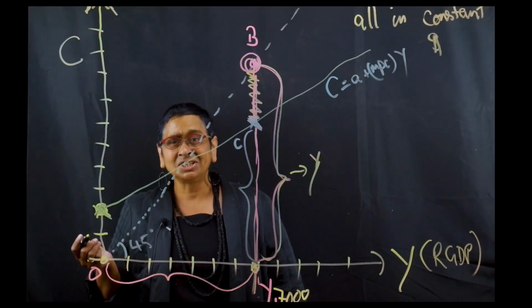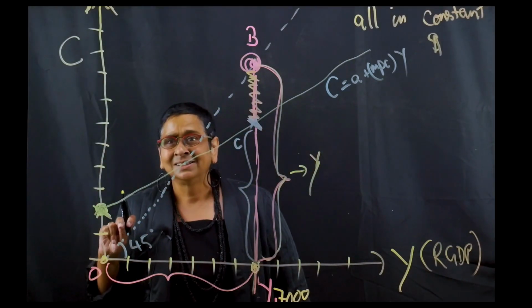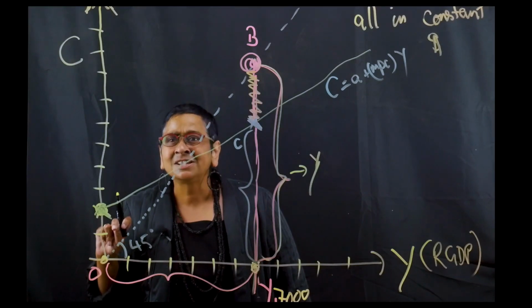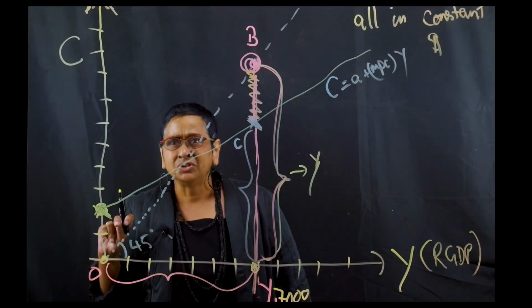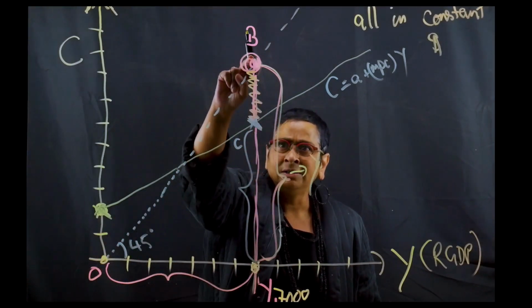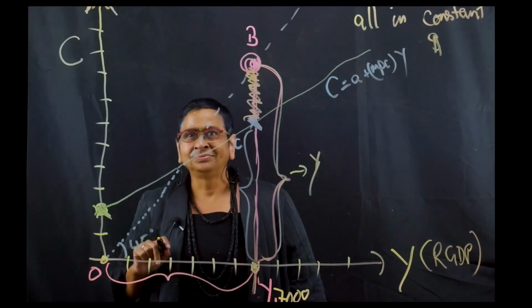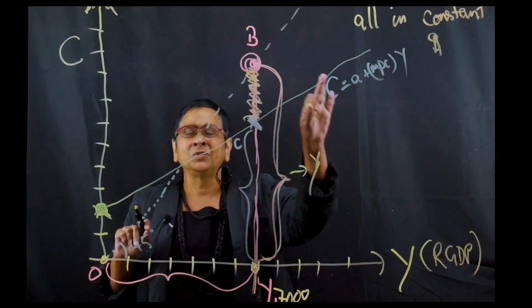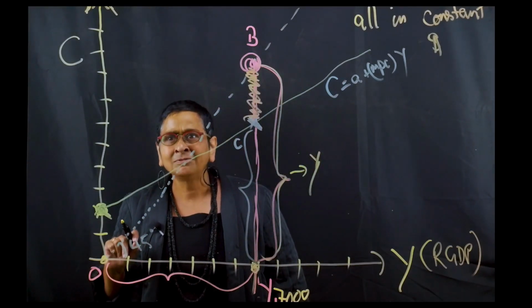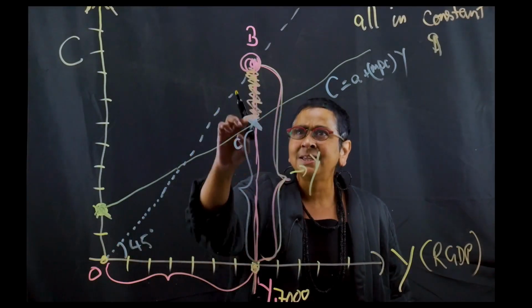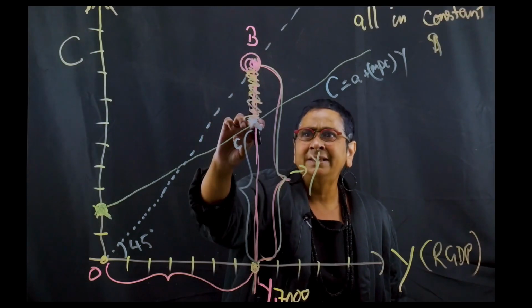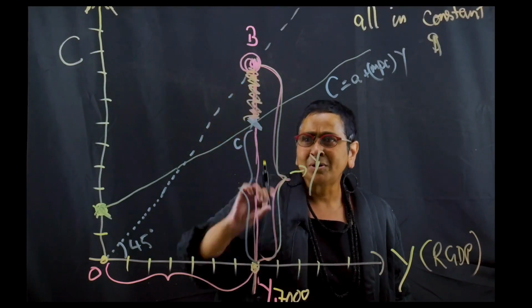Because by definition, savings is what's left of my income after I've consumed. So, income, consumption, savings. I was able to read all three of them off this graph, and in this case you can see that since my income is higher than my consumption, that's the amount of savings.